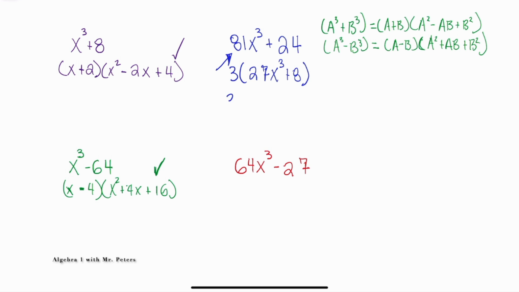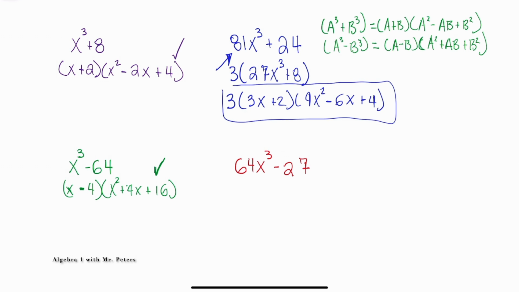So this is going to turn out as 3, that GCF we pulled out, times the cube root of 27x to the third plus 8, which is 3x plus 2. Then we have a squared, which is 9x squared, minus 6x, because we multiplied a and b to get negative 6x, and then plus b squared, which would be 4. So a problem like this is another way that you can use the difference, or the sum of cubes, I should say, to factor.